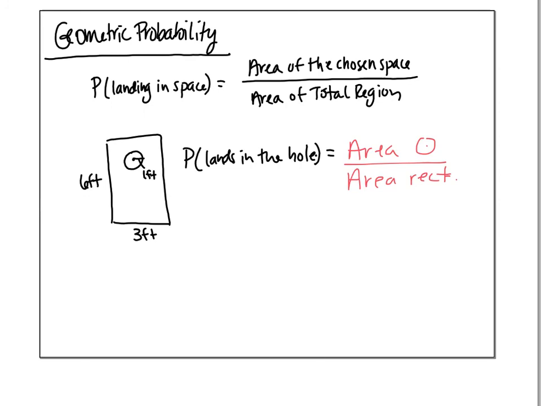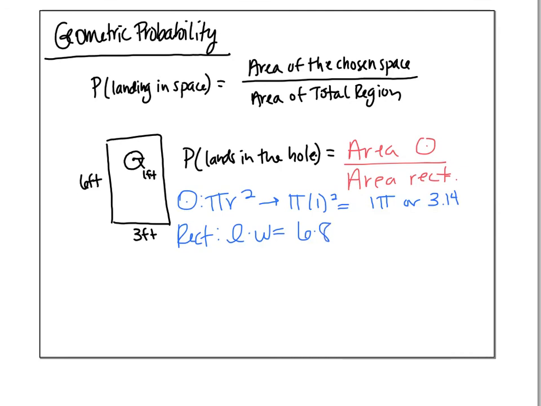So now we need the circle formula. Circle formula is pi r squared. So for the top, we're going to do pi times the radius, which is 1, squared. That's 1 pi, or 3.14. The rectangle, so this is a circle, the rectangle is going to have an area of length times width, which is 6 times 3, which is 18.